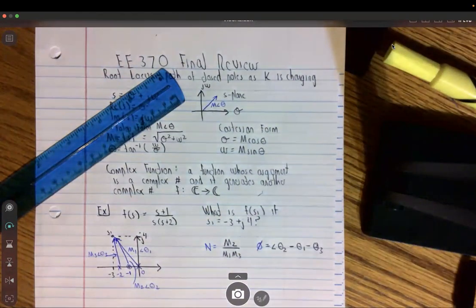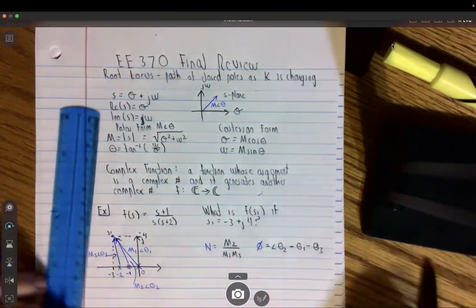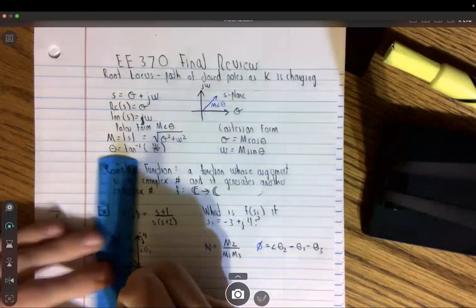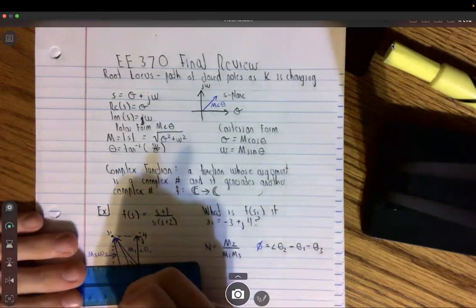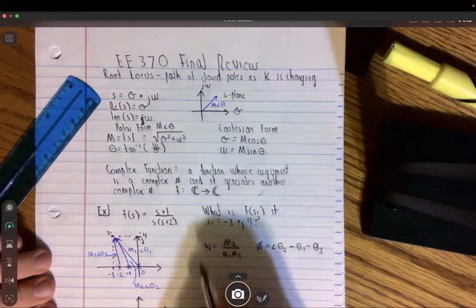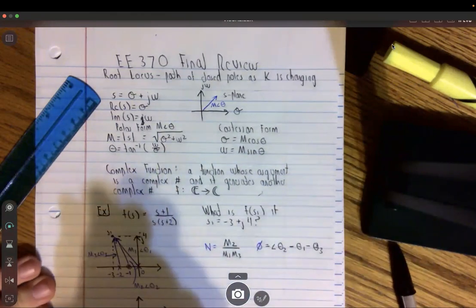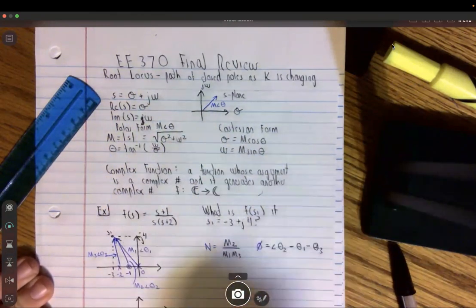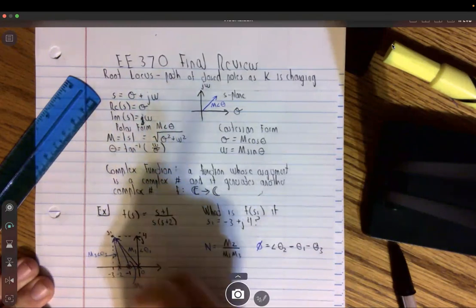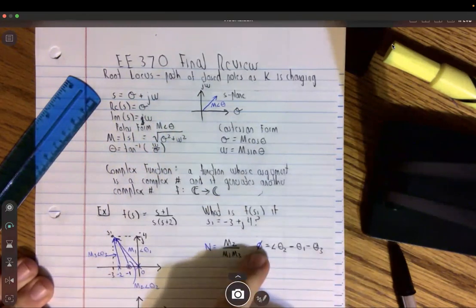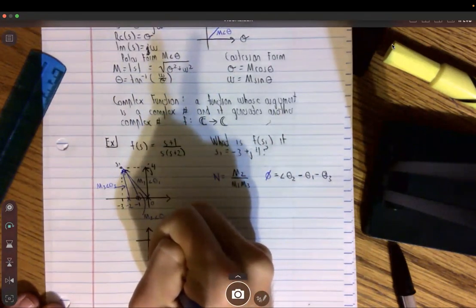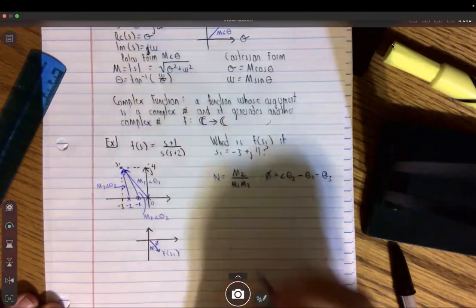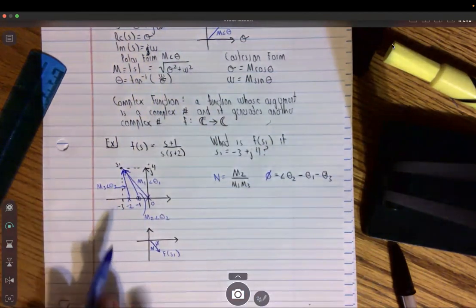So now that we got that, when you plot the new magnitude and phase angle, you're going to see that f of s1, the new phasor, is going to have magnitude M, and then a phase angle, which here we just defined as phi. And so this would be our f of s1, the new complex number that was generated as a result.